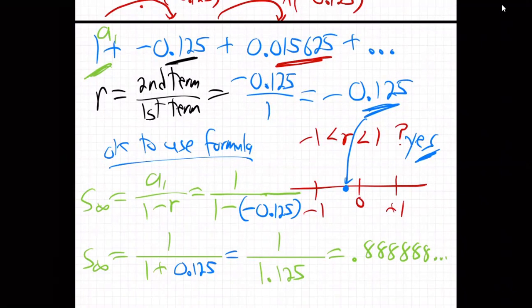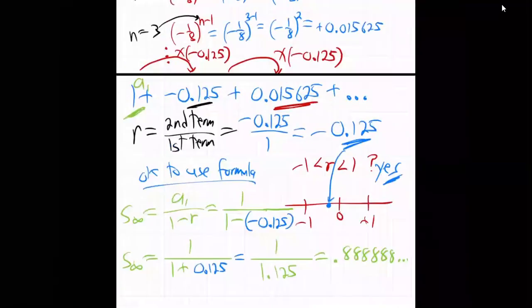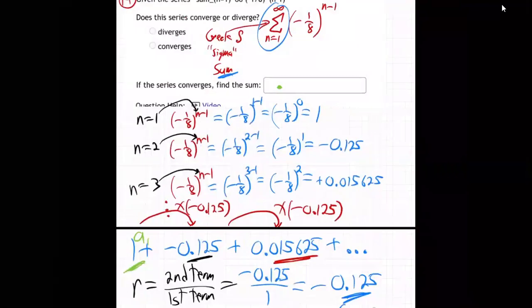So there we go. We found the infinite sum of that series. A series that goes on forever actually adds up to a finite total, which is interesting. So that's the answer. We'd say converges. That means there's an answer. It converges, it comes together. And the answer is, you can put in as many 8s as you want. Just put in a bunch of 8s.